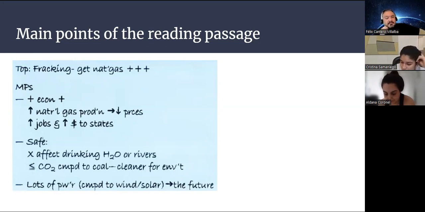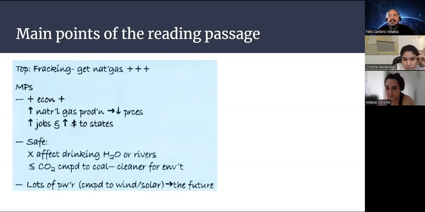And it's true, the natural gas has a lot of power, but the wind and solar are very young. Okay, anything to add, Aldana? Yes, the government doesn't invest in wind and solar. That is a long-term source of energy.